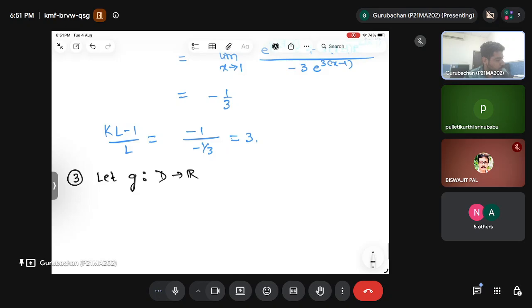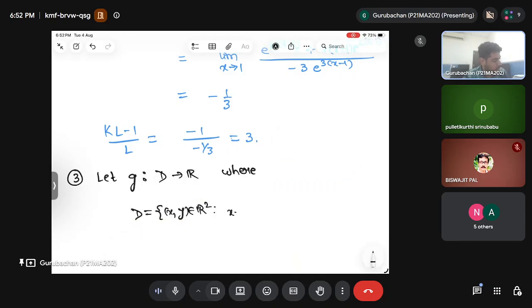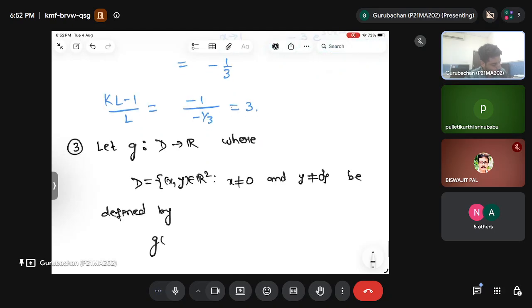D to R, where D is the domain from R square such that x is not 0 as well as y is not 0, be defined by g(x, y) equals mod y sin x by y.